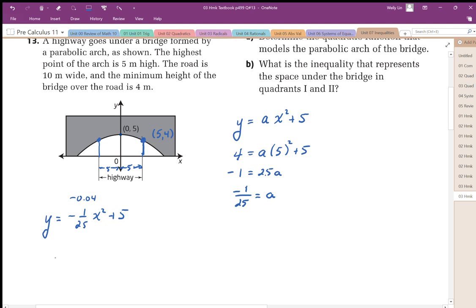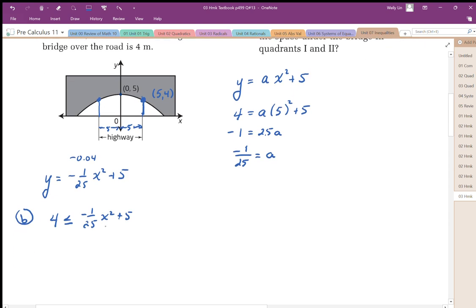So the height y, we know that the parabola must be above that height. So that is going to be the inequality that represents the part of the parabola that's going to be above the road. And we can rearrange that, and we end up with this inequality here.